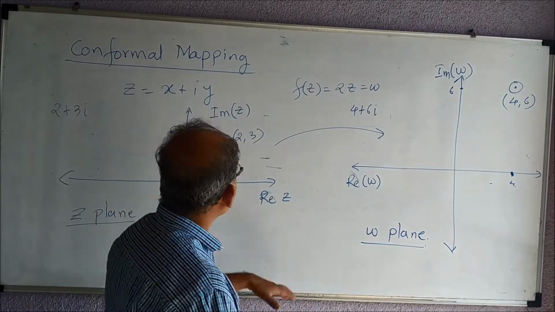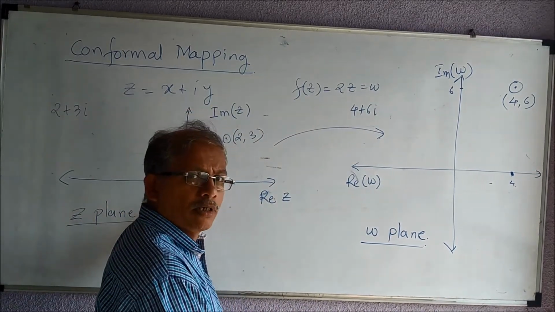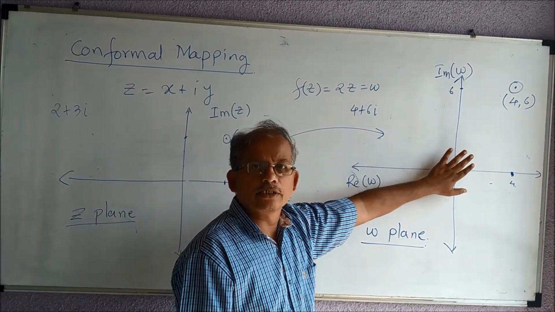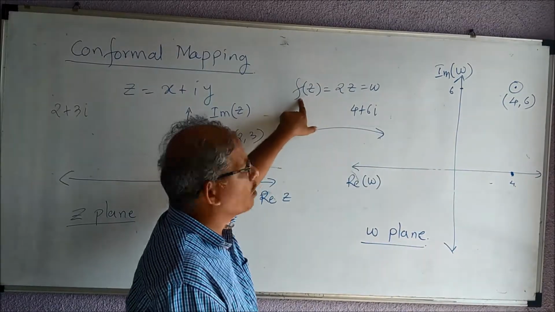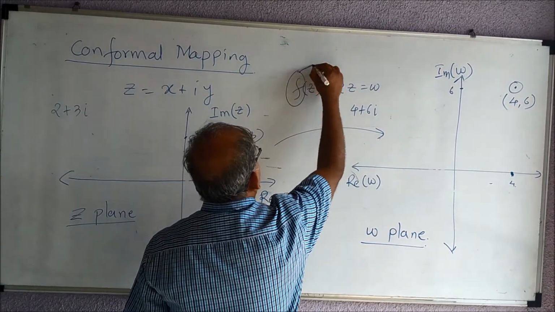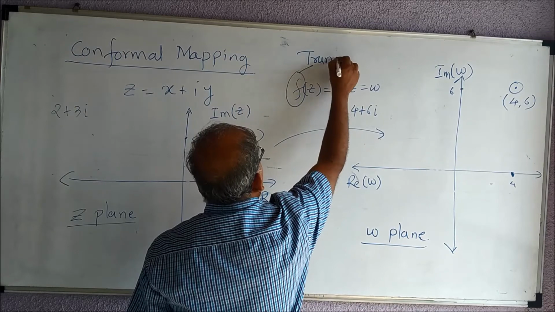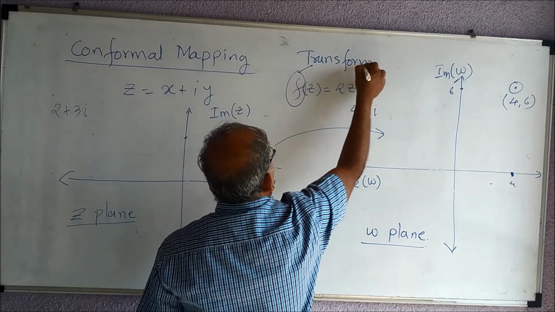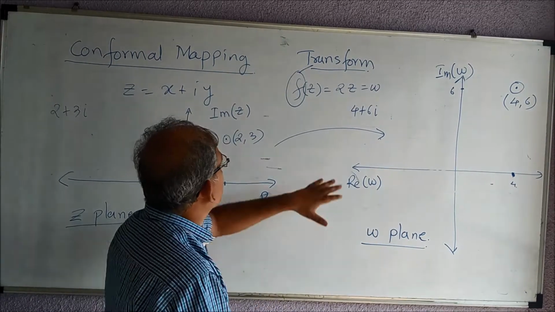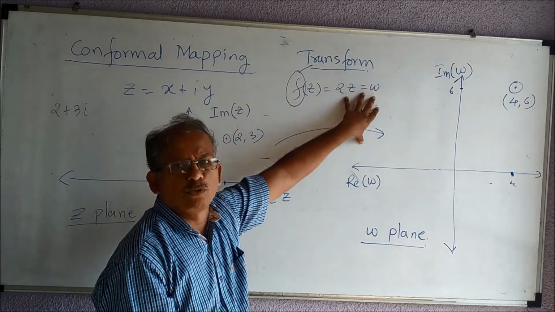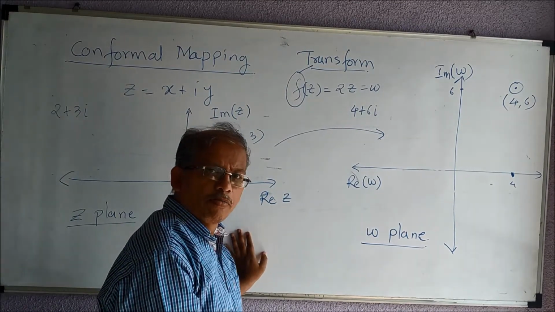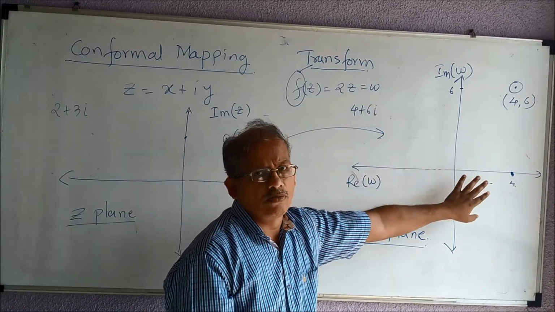So we are transforming a complex number from this plane to this plane. Okay, and this transformation is because of this function. So this function f is called a transformation or a transform, right? So we will say this is a map or a transform, and it transforms the complex plane to a certain complex plane.